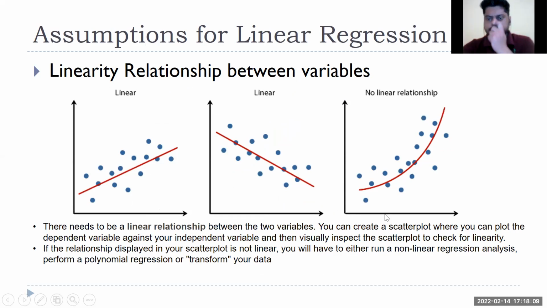If the relationship displayed in your scatter plot is not linear, you will have to either run a nonlinear regression analysis, like I said, polynomial regression, or transform your data. So I might do a transformation of x square or x cube, and try to see whether putting x square in place of x or x cube in place of x gives a better result, right?